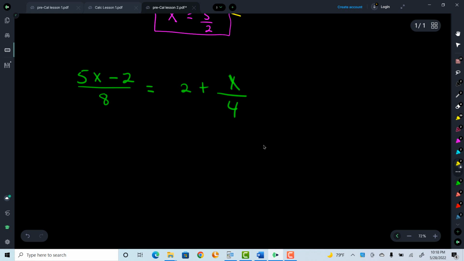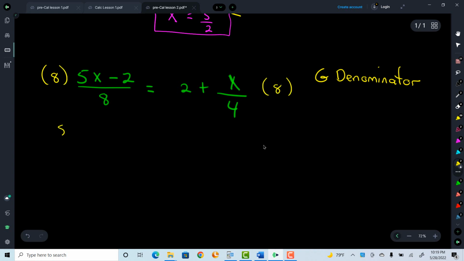So what can I do to get rid of the denominators? Well, I can multiply by the greatest denominator. Okay, so what is my greatest denominator? 8. So I'm going to multiply everything by 8.